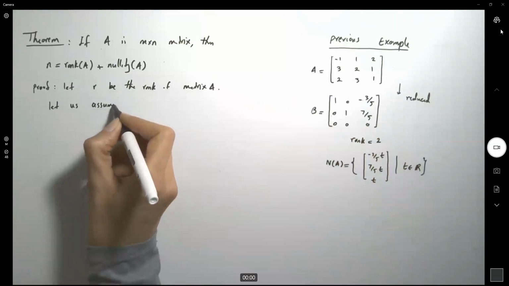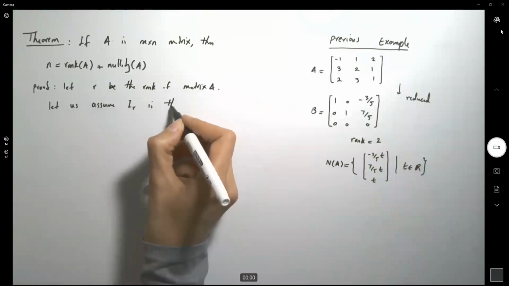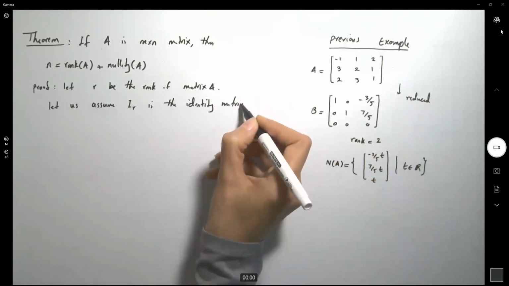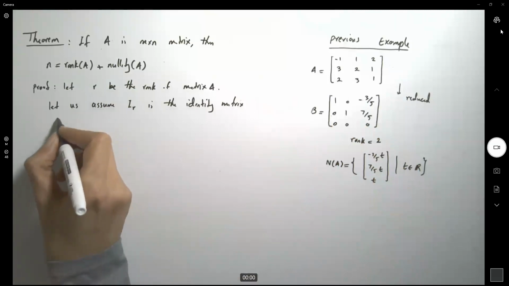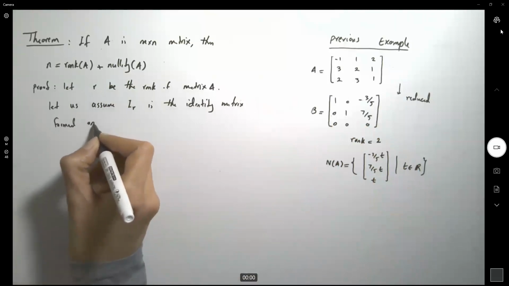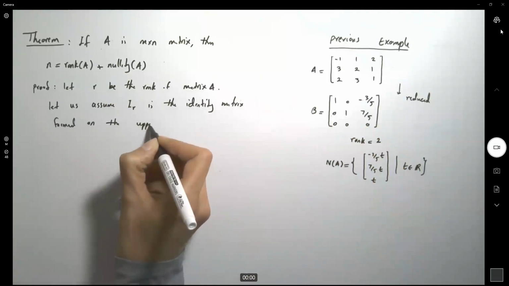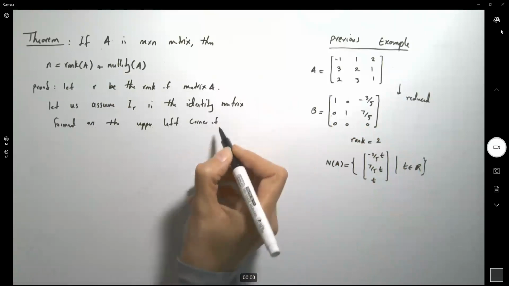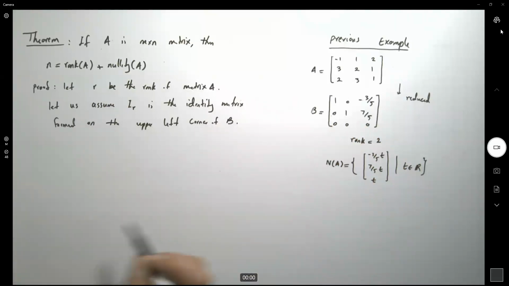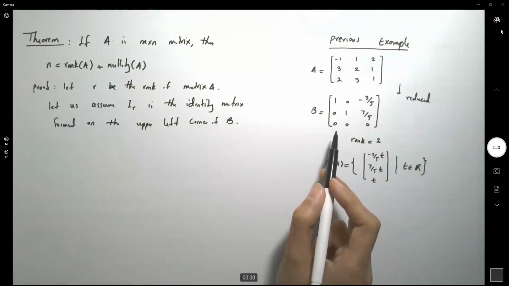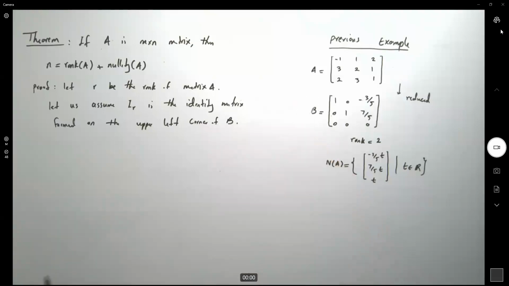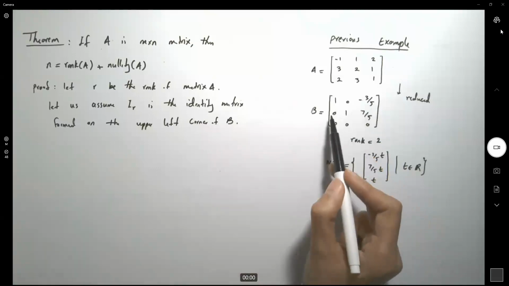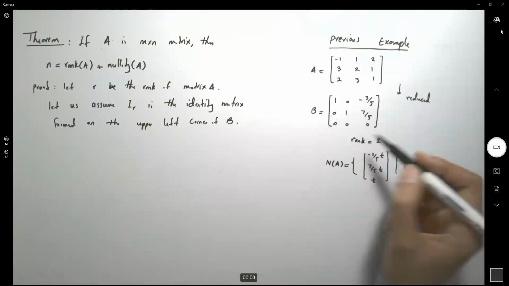Let us assume I_r is the identity matrix formed on the upper left corner of B. And again, B is the reduced row echelon form of A. And since it has two non-zero rows, the rank, as you remember, is 2.